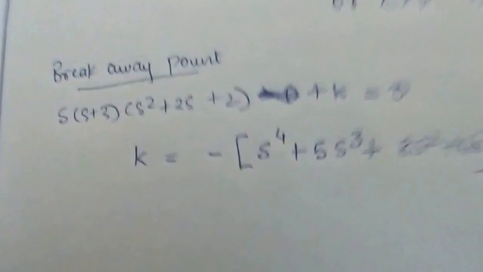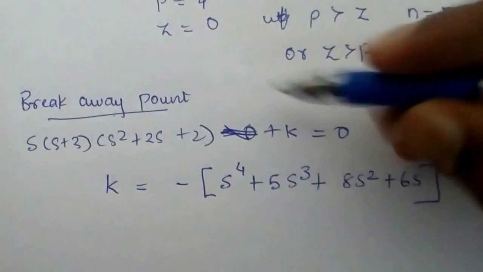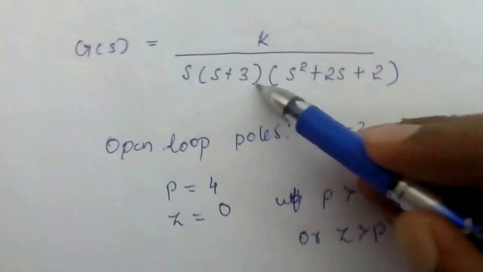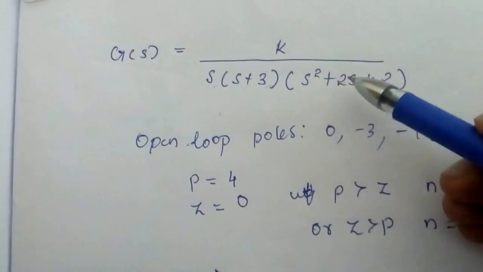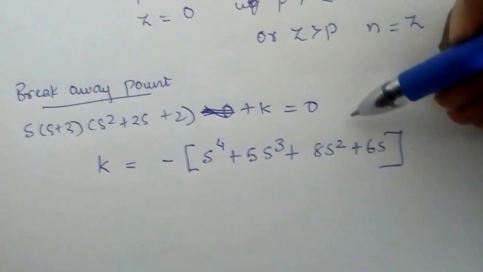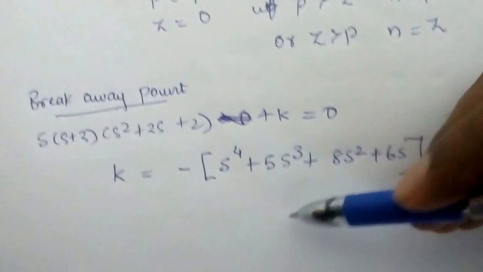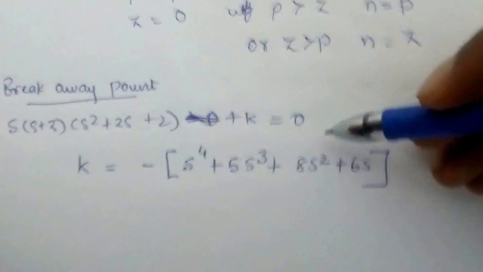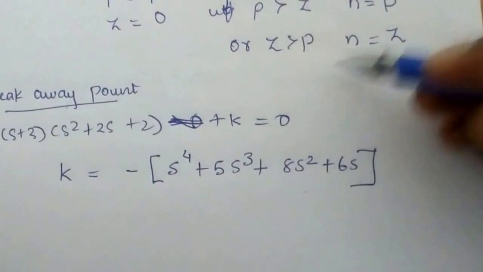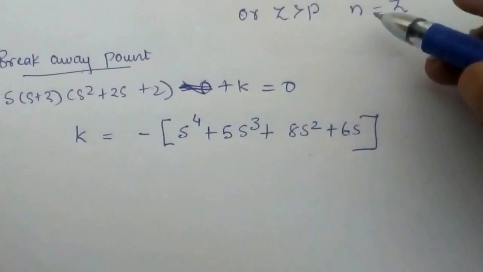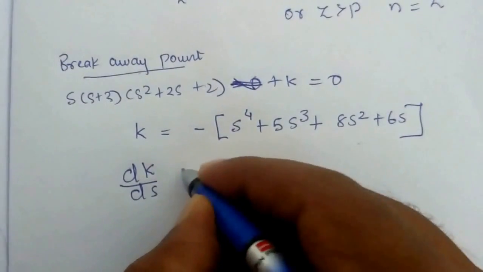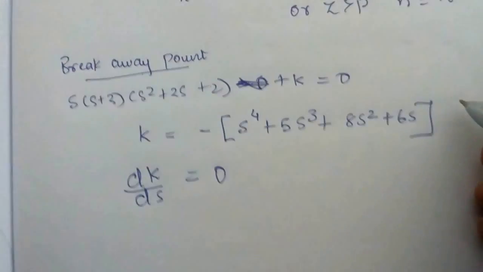First of all, we need to equate the characteristic equation of the given G(s) to 0 and find K. K is equal to minus of s raised to 4 plus 5s cubed plus 8s squared plus 6s. Then you should take the derivative of K with respect to s and equate it to 0.